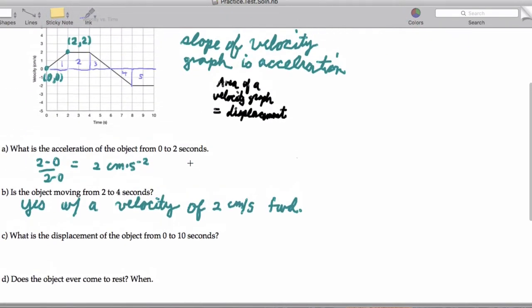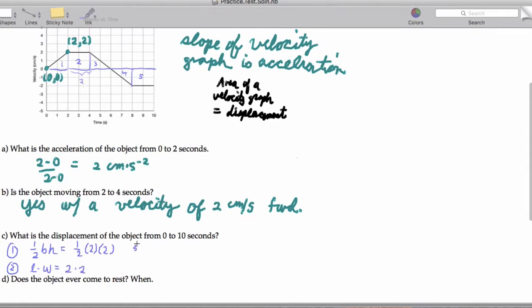Perfect. So the area of region 1, it's a triangle, so that's going to be 1/2 base times height, which is going to be 1/2 times 2 times 2, so that's region 1. Region 2 is a rectangle. It's got a width of 2 and a length of 2, so that's going to be length times width, which is 2 times 2.